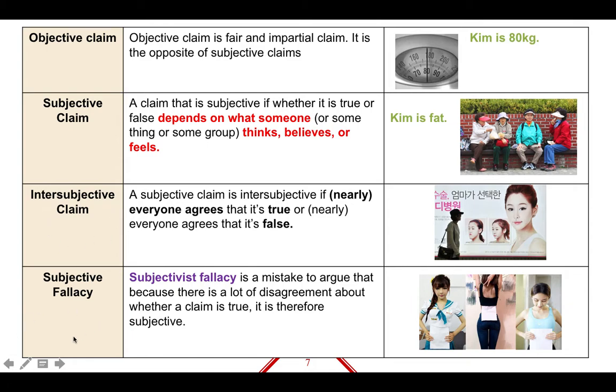Now, let's talk about subjective fallacy. Subjective fallacy is the mistake of arguing that there is a certain truth when it comes to a subjective claim. For example, here, this used to be a trend in China where women tended to compare their waist to an A4 paper.